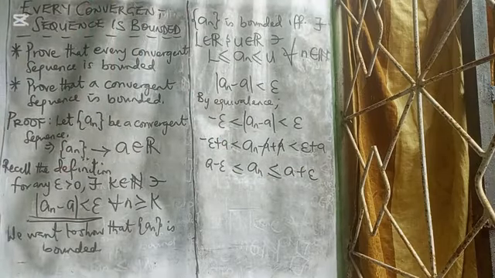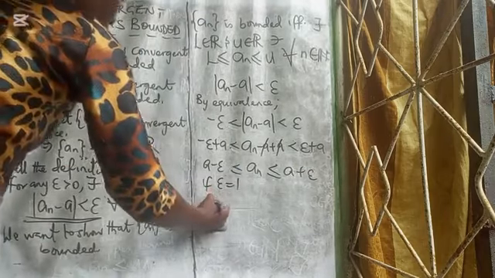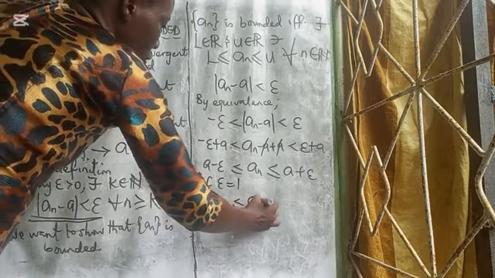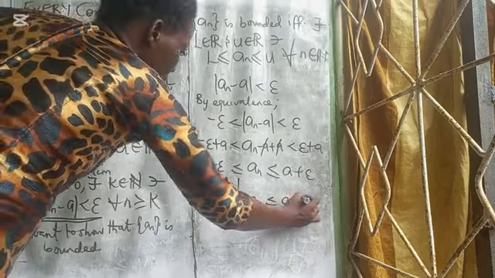And if our epsilon is 1, then A minus 1 will be less than or equal to A sub n less than or equal to A plus 1.